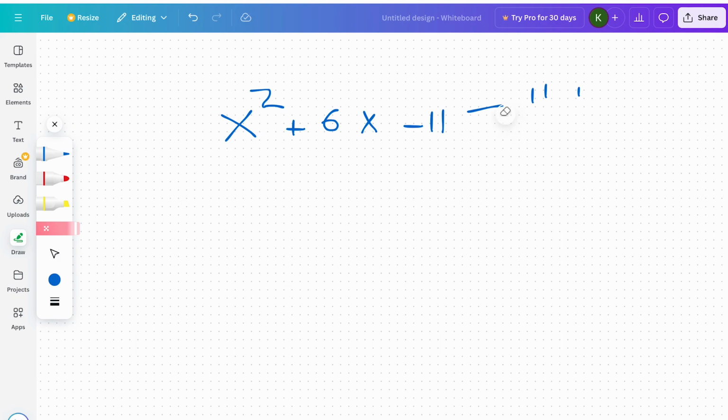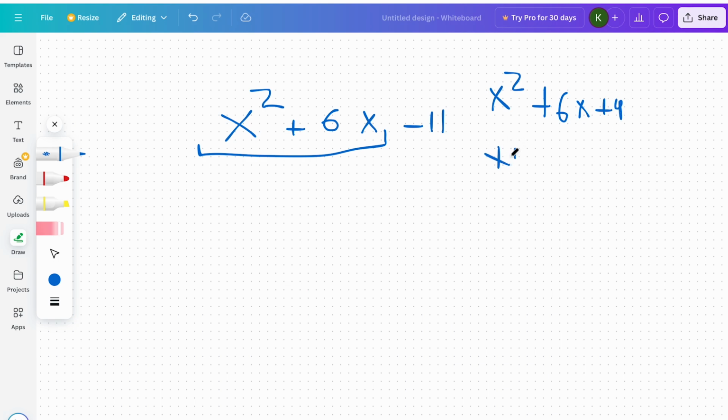So what we're going to do instead is complete the square, which is what we just did. So x squared plus 6x. The perfect square of that would be x squared plus 6x plus 9, because x plus 3 squared is equal to this, correct?